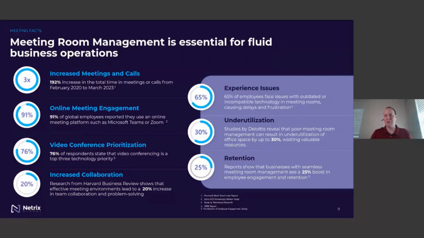Studies by Deloitte show about a 30% underutilization of office space, which wastes valuable resources. And then a report from Wainhouse Research did show that there was about a 25% increase in employee retention rate when they had seamless and stable meeting room systems to be able to use.